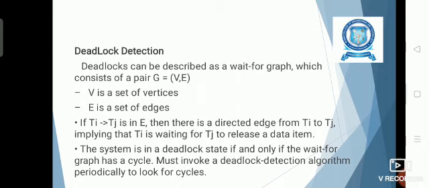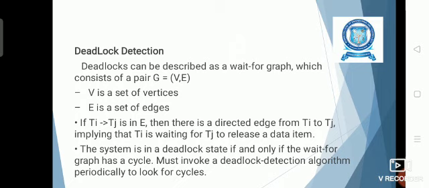A directed edge from Ti to Tj implies that transaction Ti is waiting for transaction Tj to release a data item. The system is in a deadlock state if and only if the wait-for graph has a cycle. So if the graph has a cycle, we can detect that a deadlock has occurred.